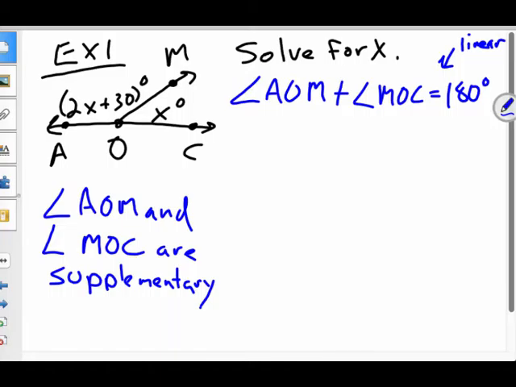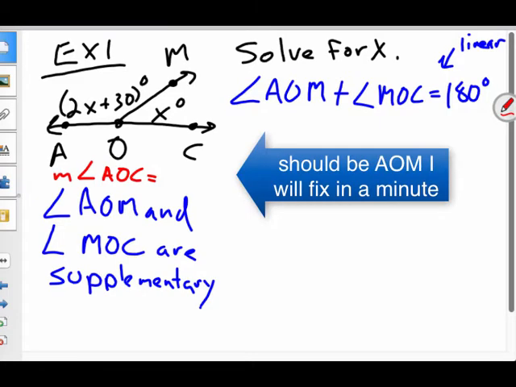So now I've got to solve this. First thing I'm going to do is, let's look at this. I don't have a number yet, but what is the measure of AOM? Well, it's 2x plus 30, right? And then what is the measure for MOC?